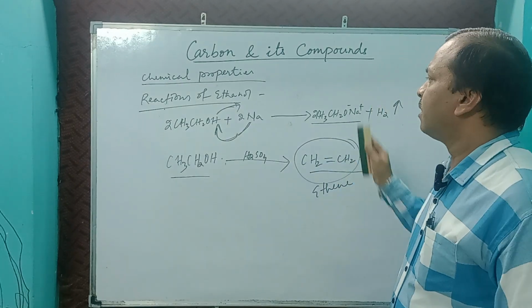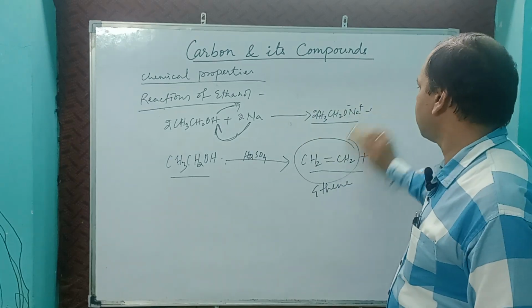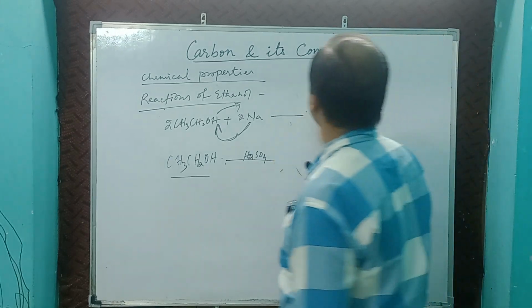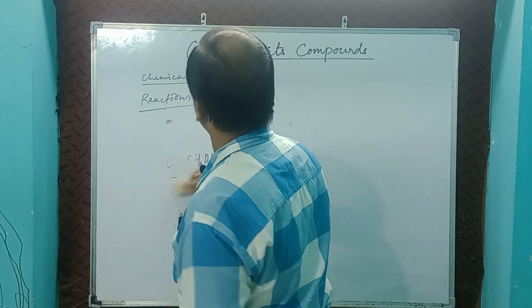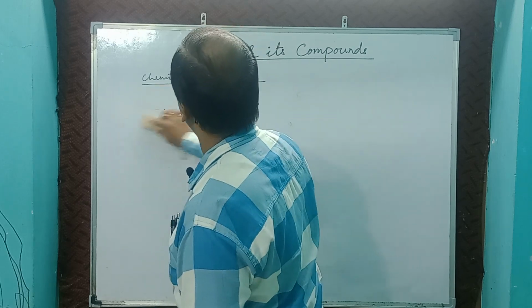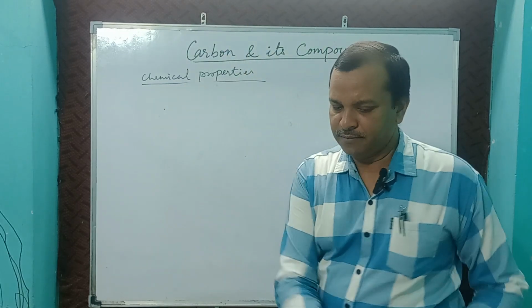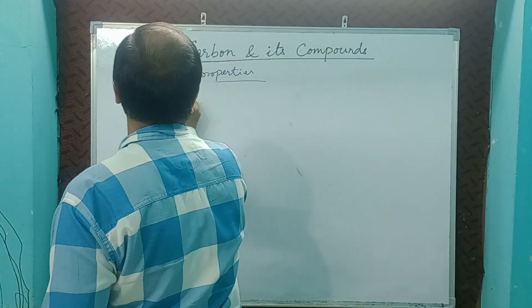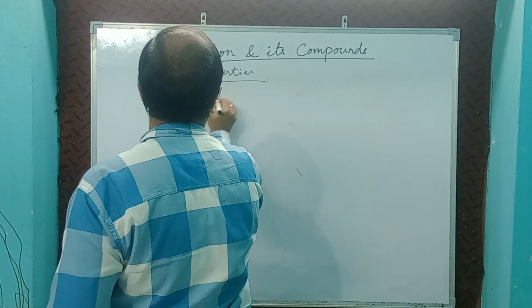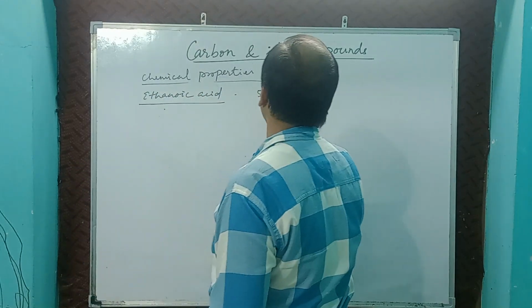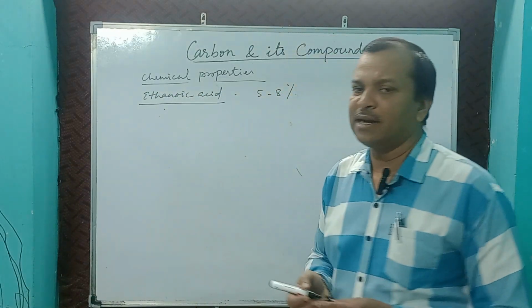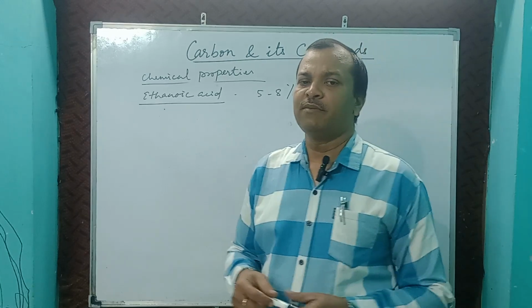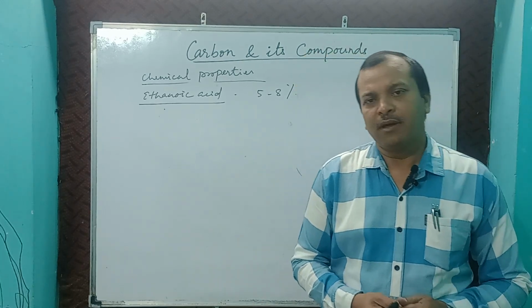These are the reactions of ethanol. Now the ethanoic acid. If 5 to 8% ethanoic acid is added in water, it becomes vinegar.